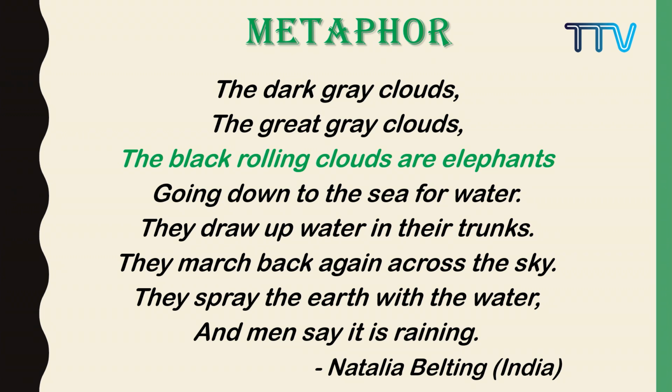So how beautifully the poet has imagined and described the black clouds, isn't it? So with the help of a metaphor here in the third line. It's only about looking at a thing from a different angle, trying to imagine in a new way. Okay, so this is how the poet has done.